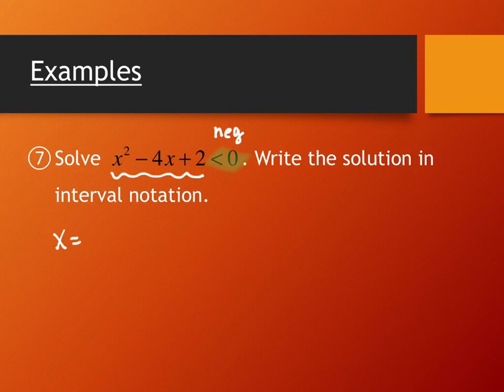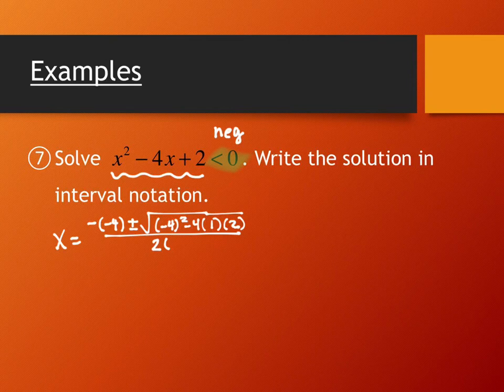So x equals negative b, so negative of negative 4, plus or minus the square root of b squared, which would be negative 4 squared, minus 4 times a is 1 and c is 2, divided by 2 times a, which is 1.